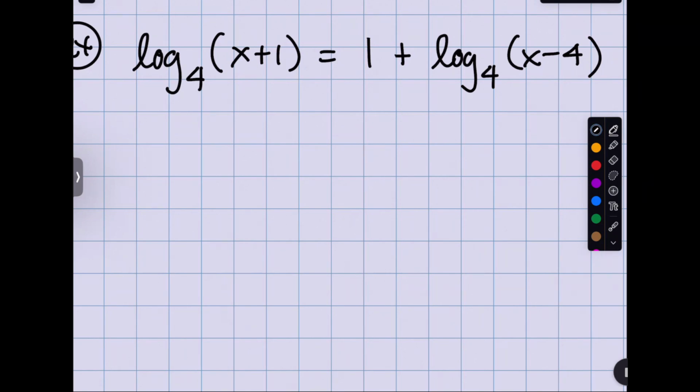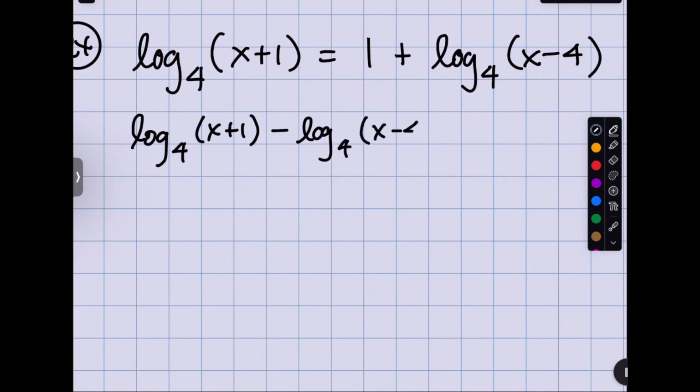You can get the logs on the same side, right? I'd be like, hey, I got log base 4, log base 4. Let me shift it all to the same side. Would that be appropriate? Seems logical to me.